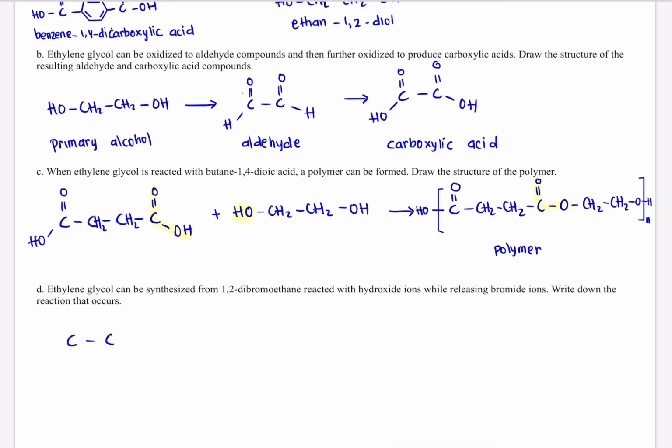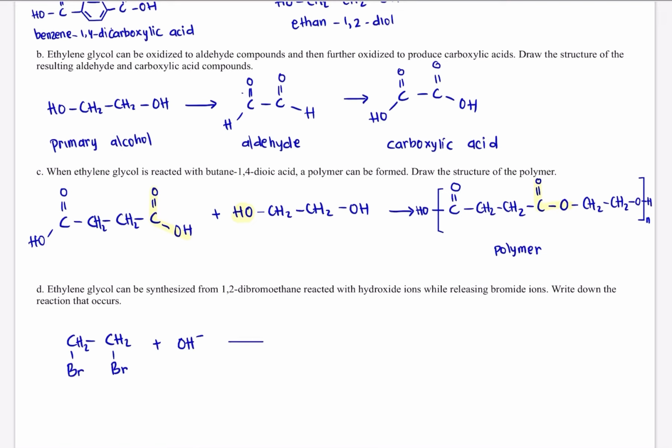And then at number 1 and 2 we have bromo side groups here. So 1,2-dibromoethane. Then we complete the hydrogen number over here. And then we react it with hydroxide ion, so OH minus, while releasing the bromide ion.